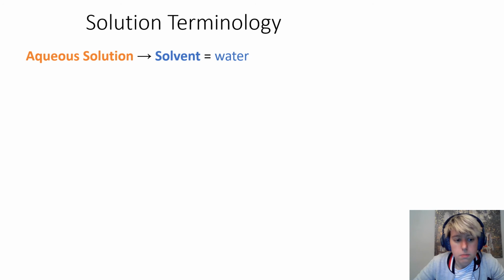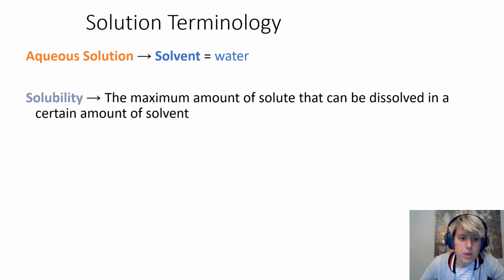And the next term is the concept of solubility. Solubility has to do with how much solute can be dissolved in a certain amount of solvent. So there always comes a point where you cannot dissolve anything more, and that's basically the limit of solubility. Now, solubility is dependent on temperature.